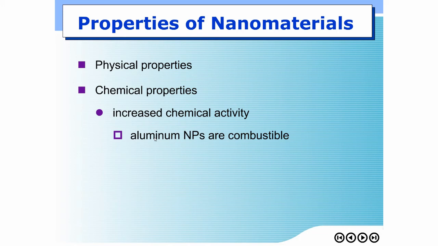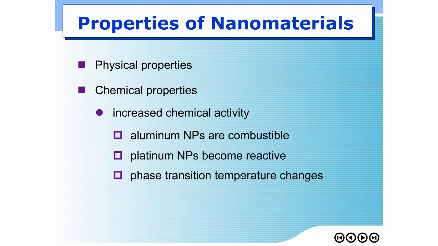We use aluminum for window frames and door frames because it does not oxidize. However, if you decrease the size of aluminum to nanoparticles, aluminum is combustible. Platinum, which is considered a noble metal, now becomes reactive as nanoparticles. Platinum nanoparticles are used as catalysts all the time.